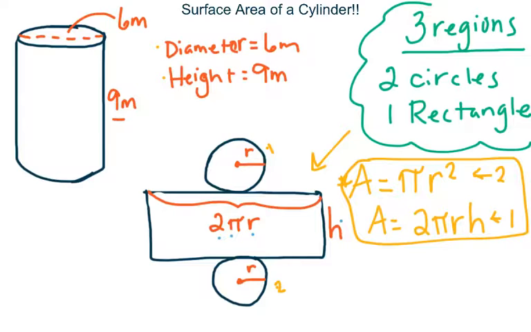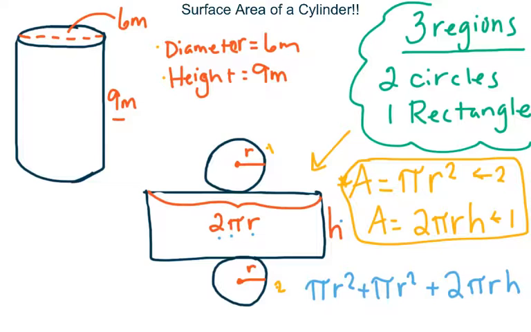In a longhand version, I'm going to use a different color here, it would be pi r squared plus pi times r squared, because we have 2 circles, plus the area of our rectangle, which we know is 2 times pi times r times height.